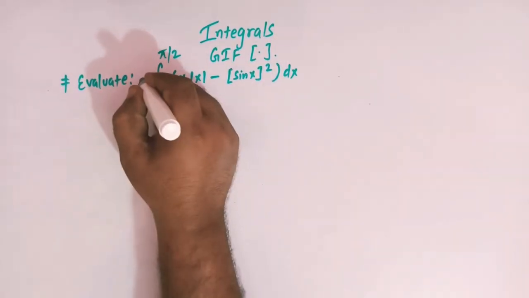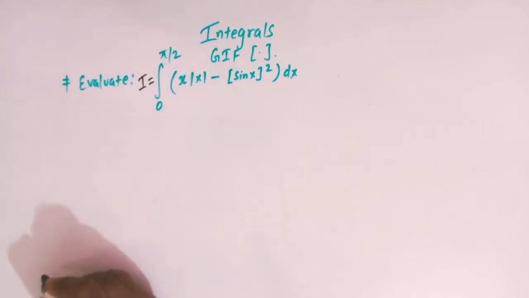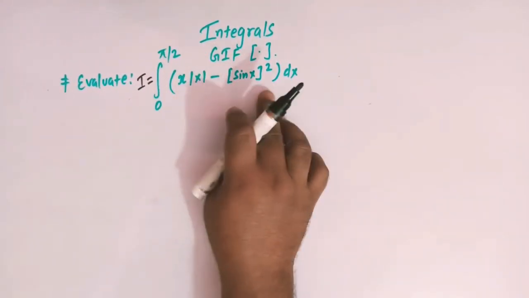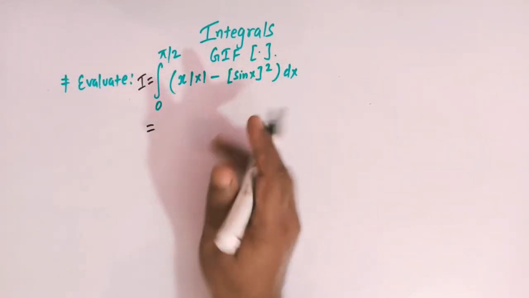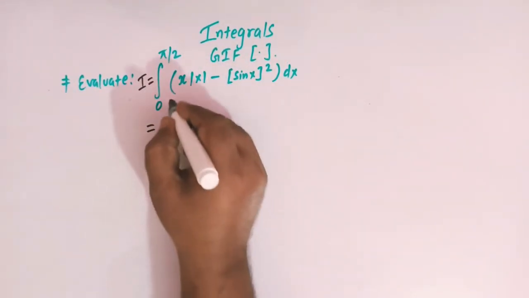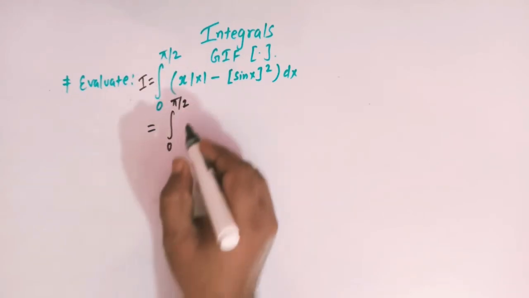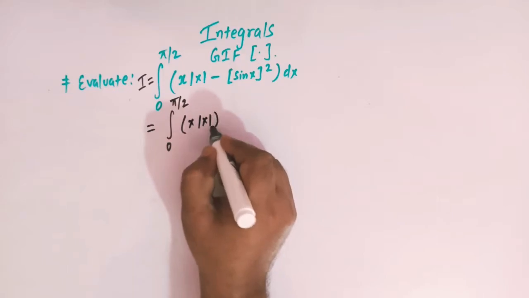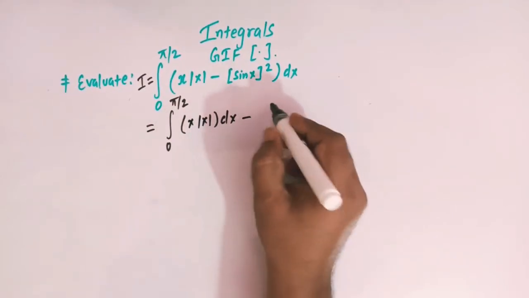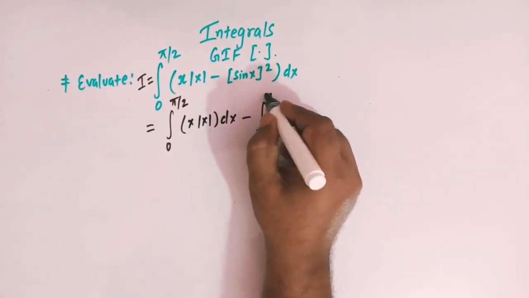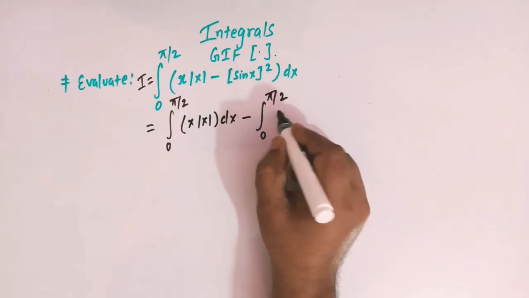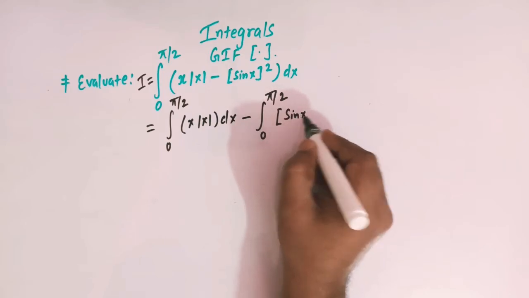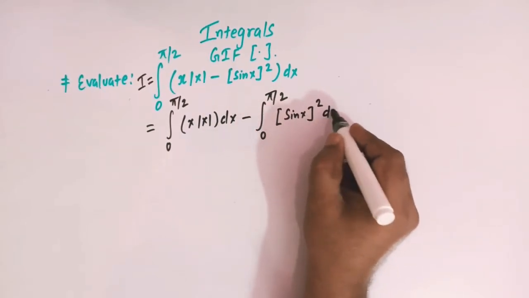Now let us first call this integral as I, right? Now here we can write this integral as a sum of two integrals. So we can write it like this: 0 to pi by 2, x mod x dx minus 0 to pi by 2, the square of the greatest integer of sine x, right?